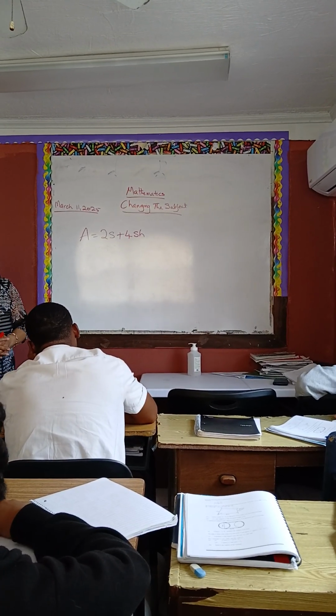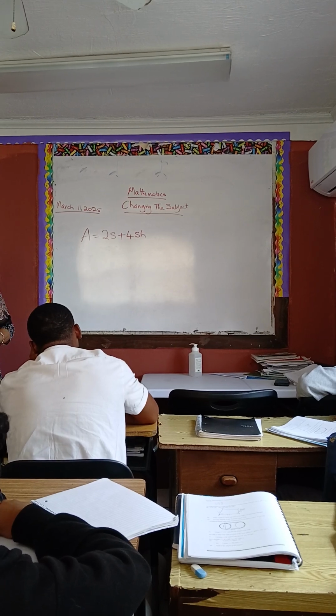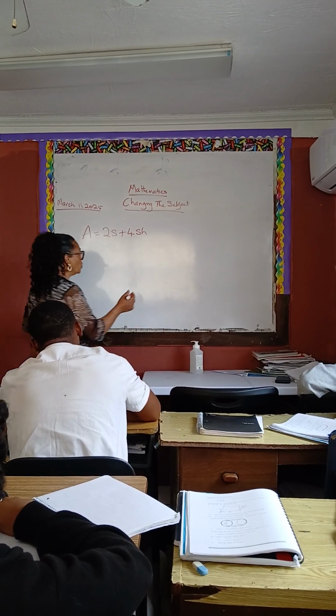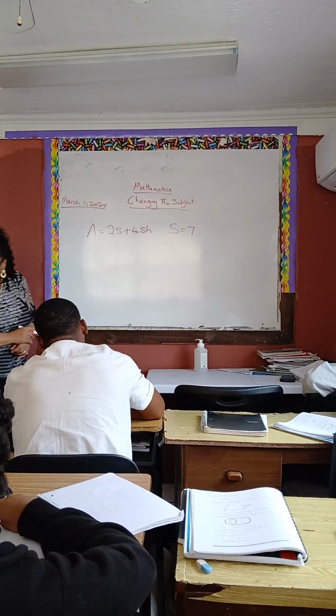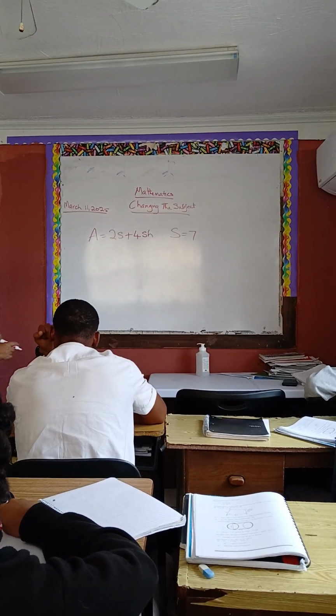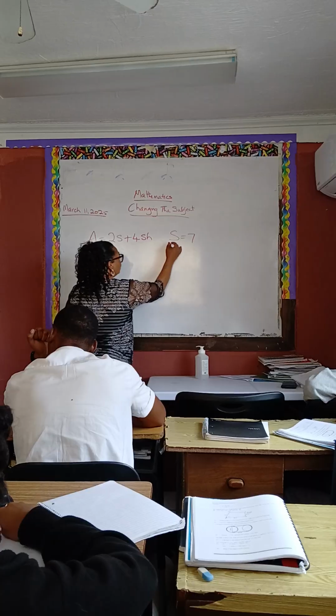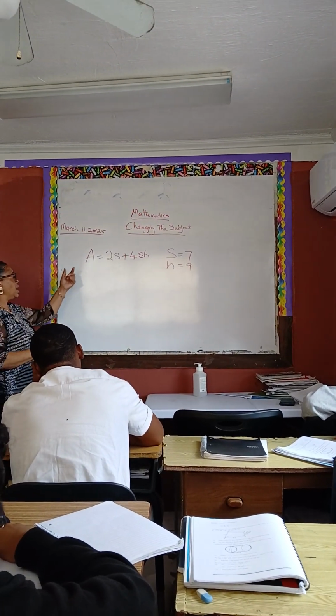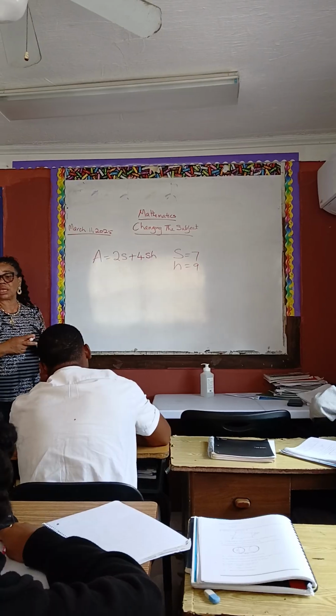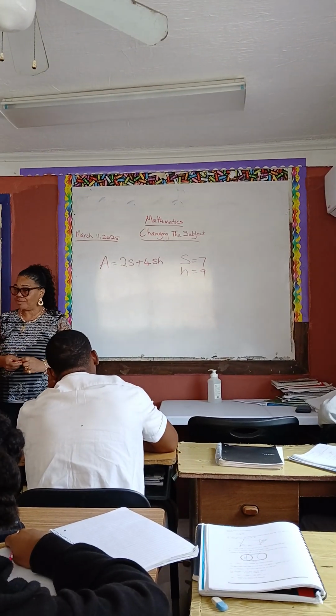For example, in this problem, they have find A when s is equal to 7 and h is equal to 9. And they're going to say find A. So A is the subject. A is what I am trying to find.